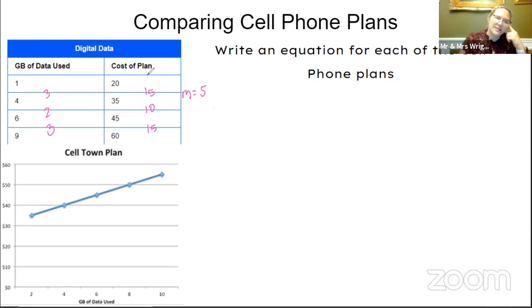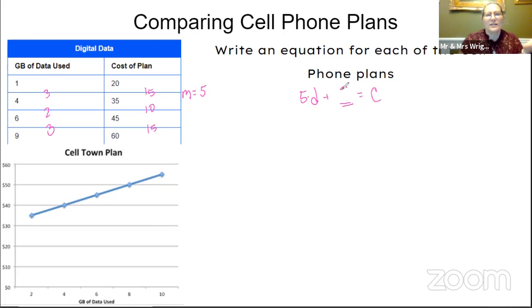So if that's the case, if my rate of change is 5, I know that it's going to be 5 times the gigabyte. So let's just say, let's call it data, 5D, 5 times data, right? Well, 5 times data plus what is going to give me my cost, right? So in this case, my cost is 20.